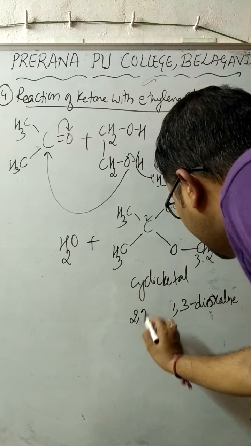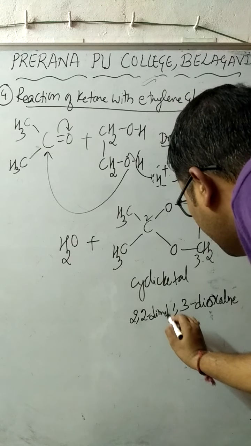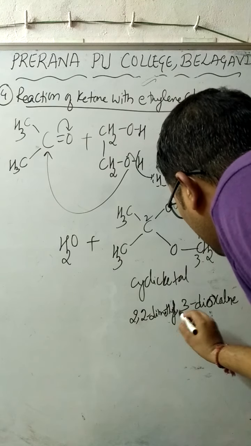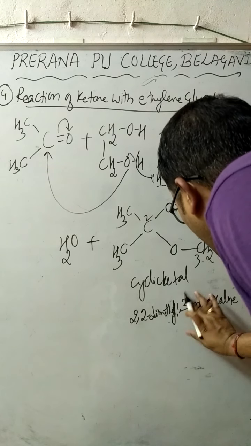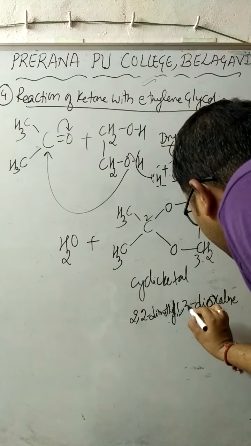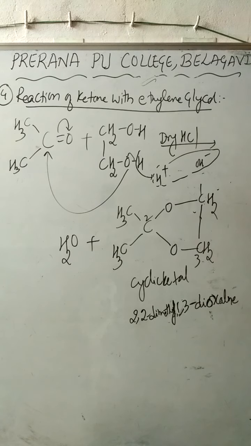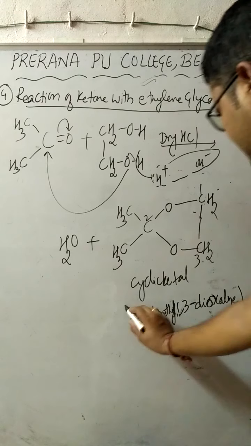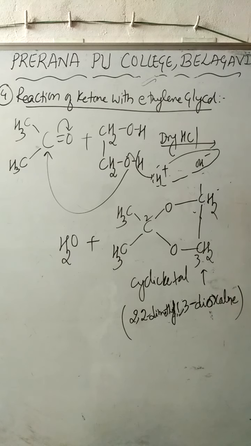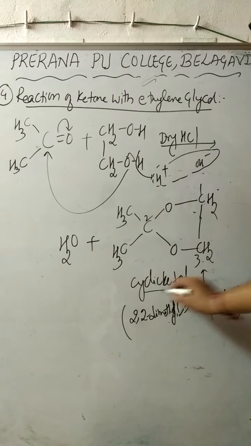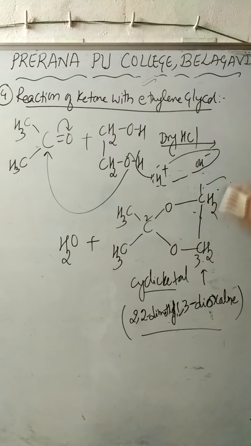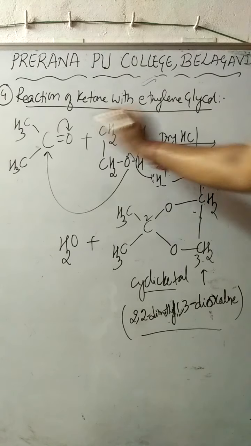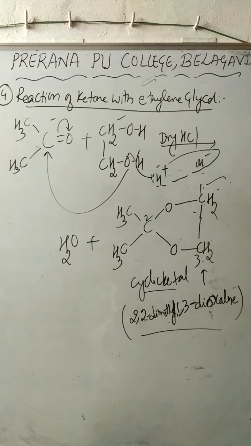Hence, I can write it as 2,2 dimethyl 1,3 dioxolane, which is the particular name of this cyclic ketal. So cyclic ketal is the general name, and the particular name of this compound is 2,2 dimethyl 1,3 dioxolane. So this is the method how ethylene glycol reacts with acetone to form cyclic ketal as the major product.